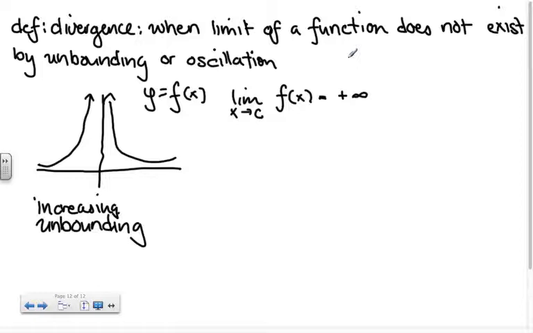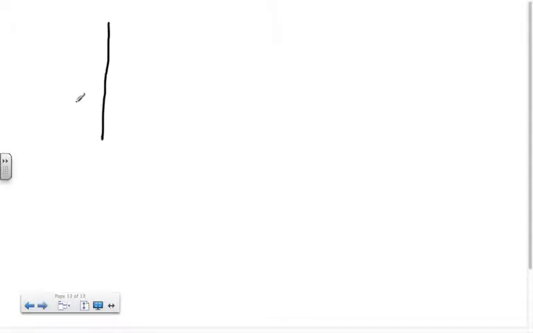Now, the second situation that can occur is decreasing unbounded. I will put that on the next page. Here's my graph. It doesn't have to be this shape, obviously.